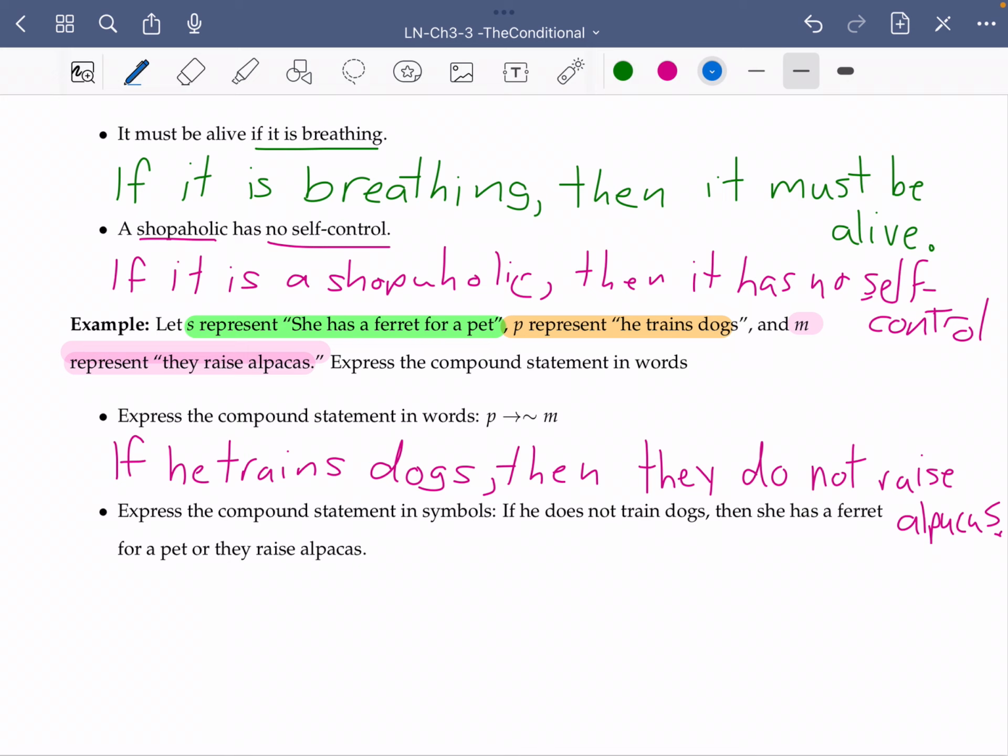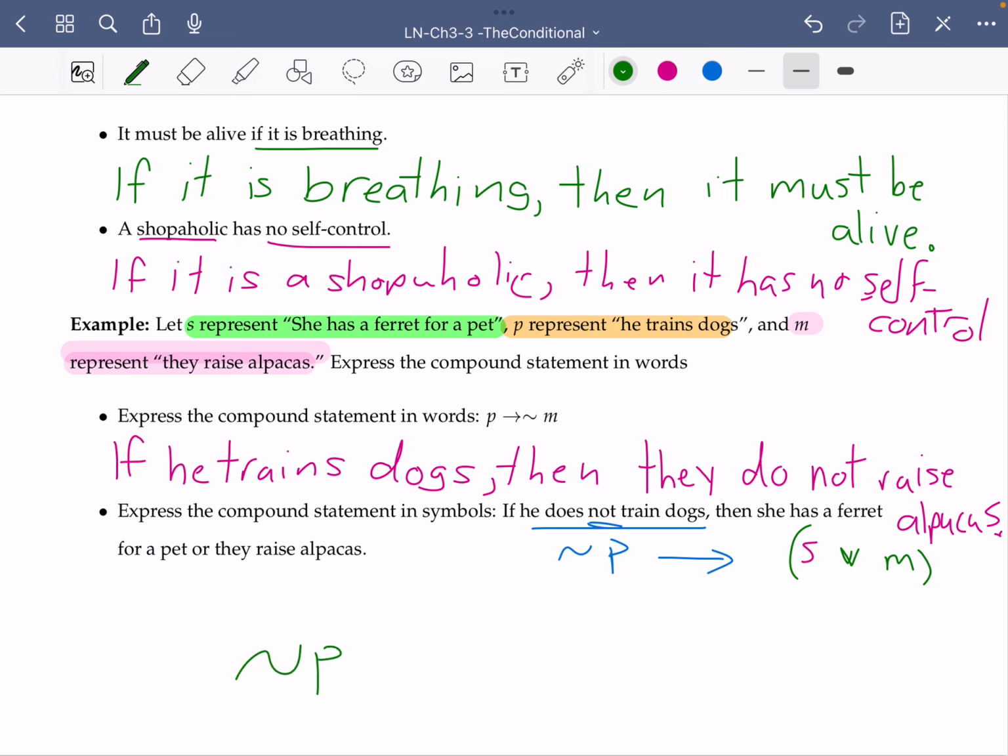So we could say, if he does not train dogs, so this is not P, then she has a ferret, that is statement S for a pet, or we use the connective, that V is our or statement, or they raise alpacas, and that is statement M. So if not P, then S or M. So that is how we would put that all together.